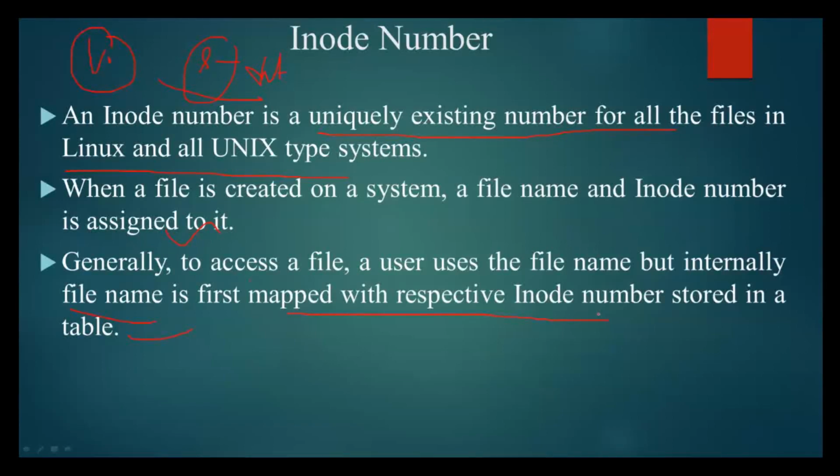So as a user I am using the file name, but internally the kernel first maps the name of the file with the respective inode number and then shows the content. The inode number is nothing but the unique number.